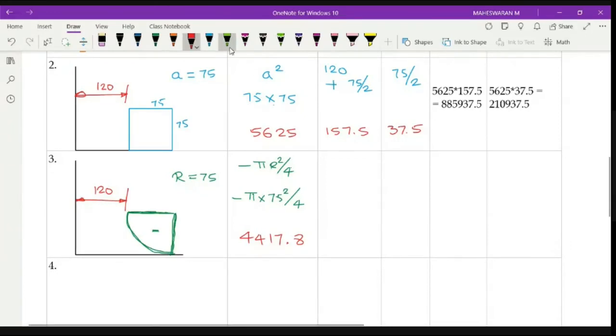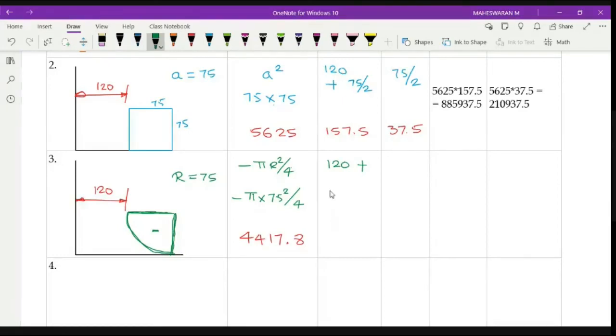Next, to identify the centroid locations, x bar has an offset distance of 120 plus. From the base it is 4r by 3 pi, so from the curve it is r minus 4r by 3 pi.